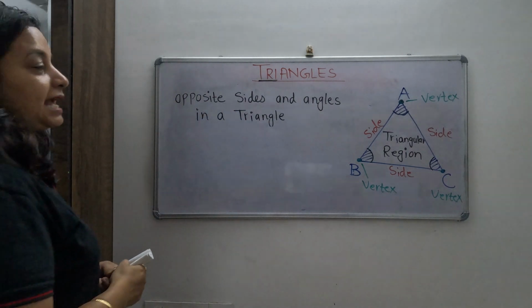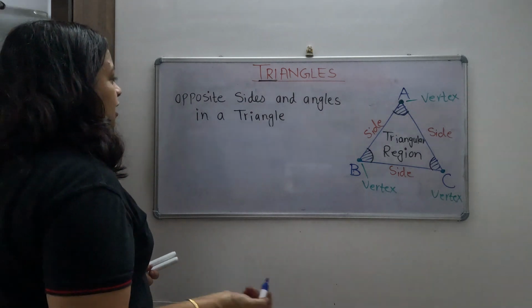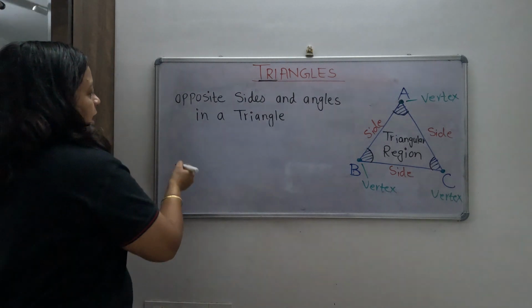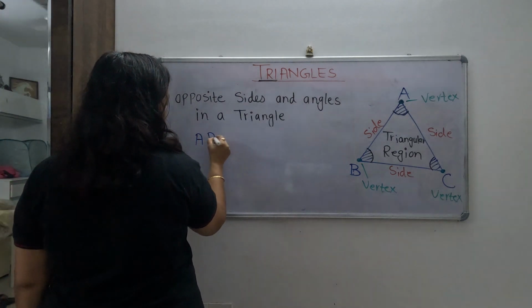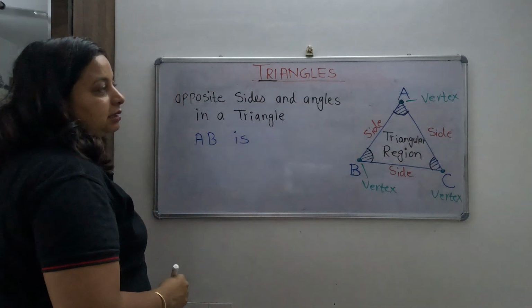Now, the next is the angle opposite to the sides. Suppose I am talking about side AB. AB is opposite to which angle?